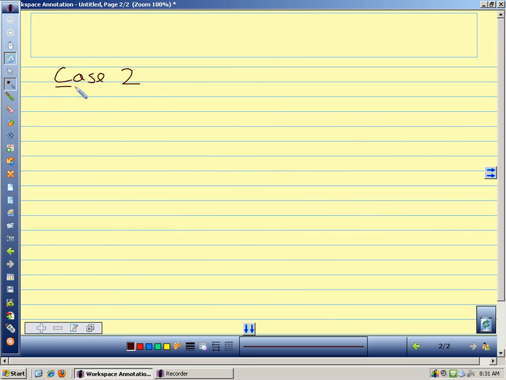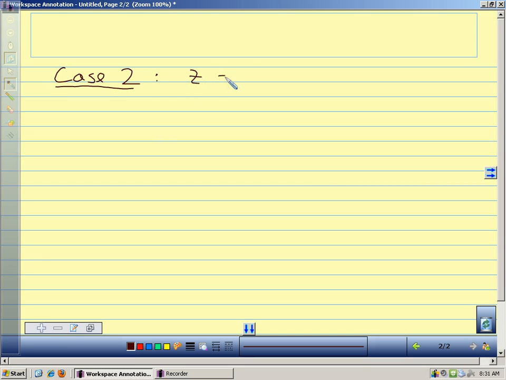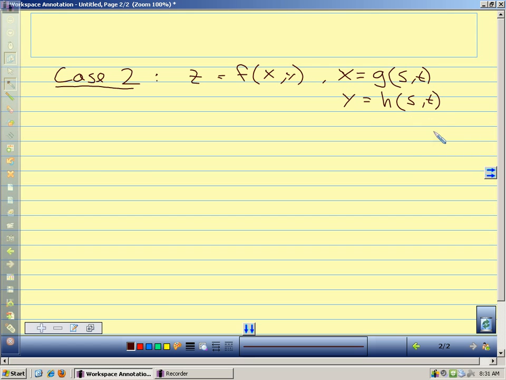So case 2, we have a little more complicated dependency. We have z equals f of x, y, and x is some function of two variables, and y is a function of two variables as well. So z is indirectly a function of s and t. z varies as s and t vary.